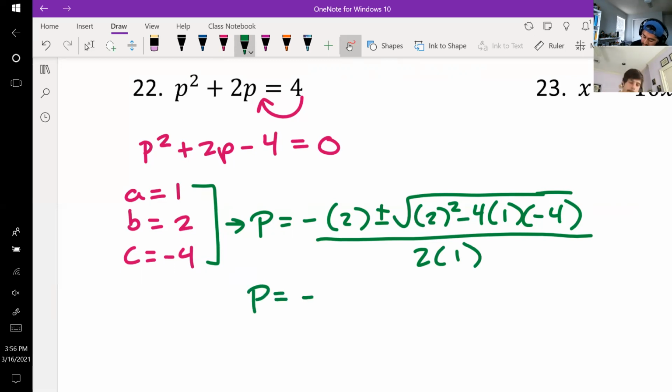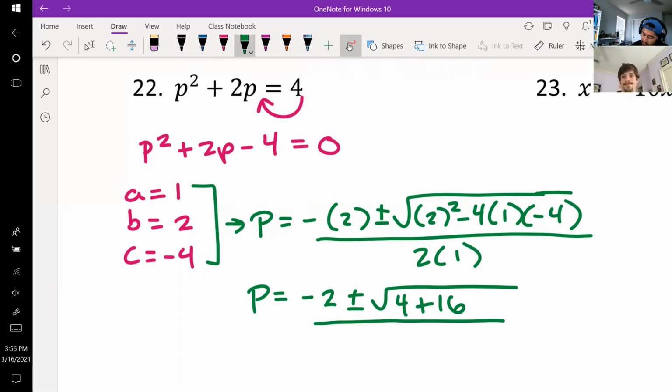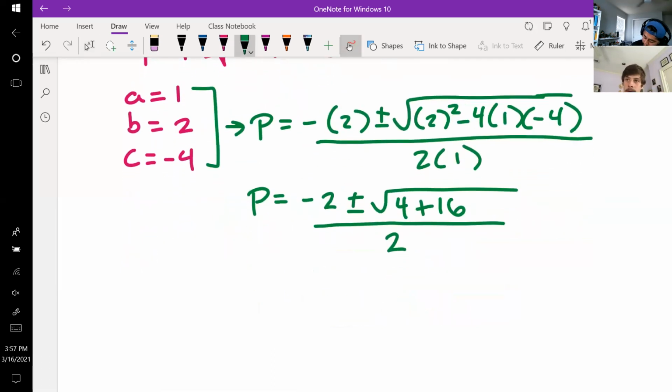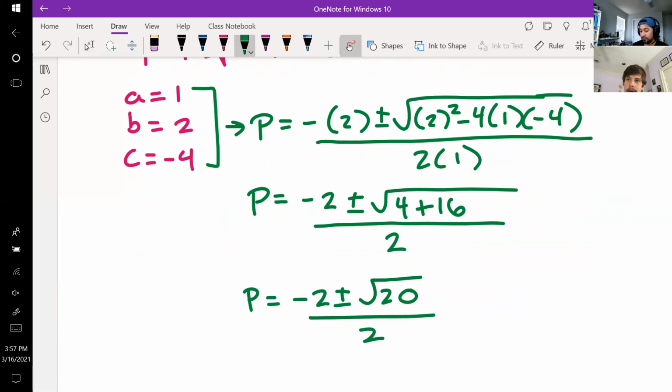So P will be negative 2 plus or minus the square root of 4, and then negative 4 times negative 4, we get positive 16, over 2. More cleanup. P equals negative 2 plus or minus the square root of 20 over 2.